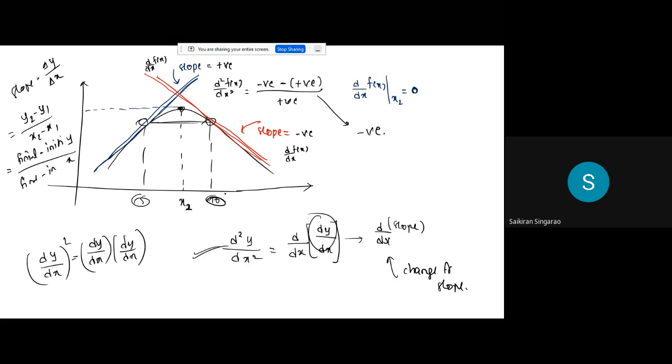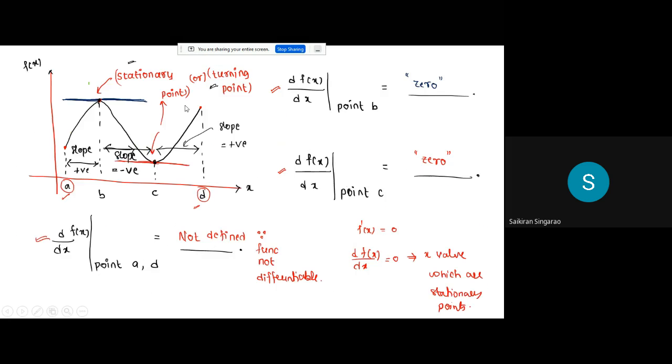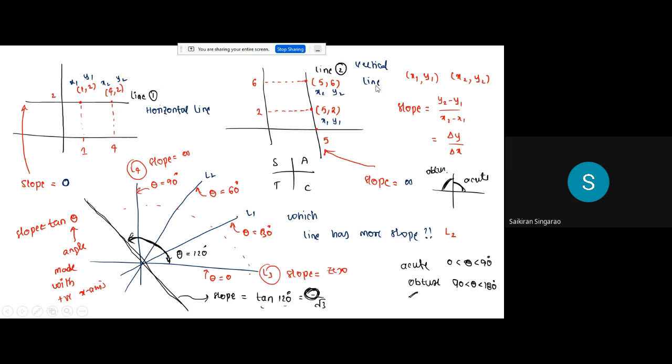I will repeat it step by step. Please listen carefully. Slope means, if two points are there, y2 minus y1 by x2 minus x1, that is change in y by change in x. Change in y is taken as y2 minus y1, where y2 is final and y1 is initial.